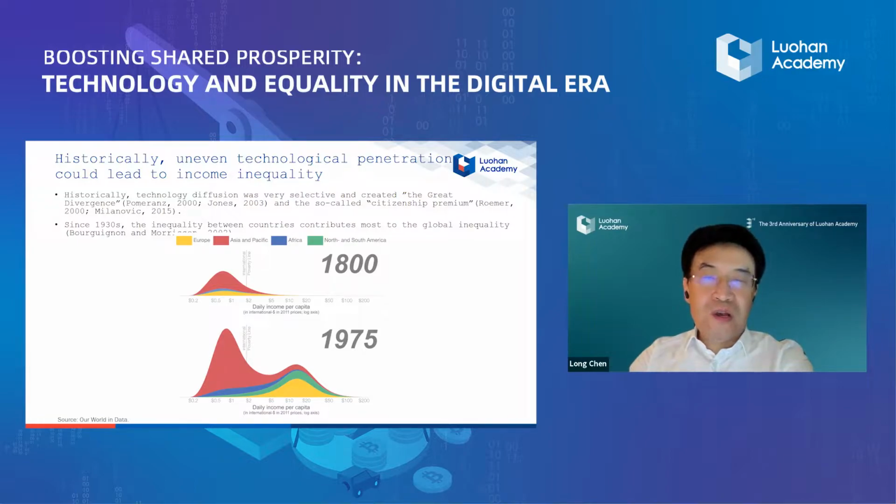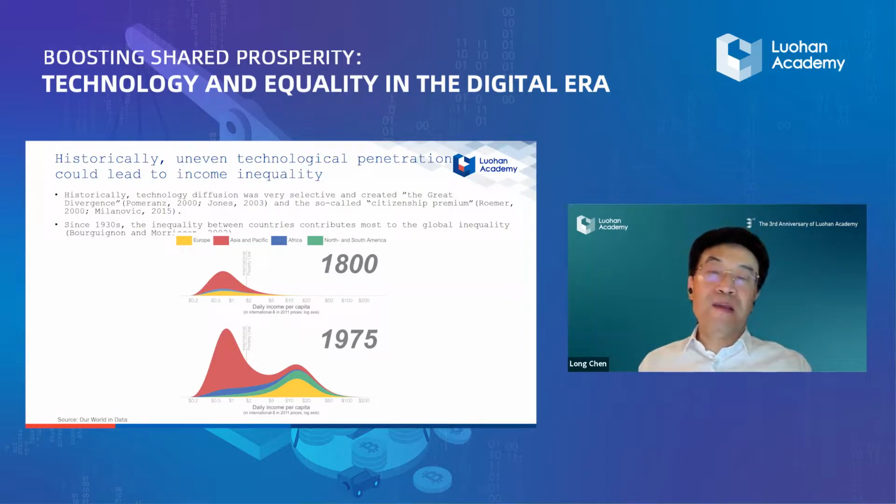Regardless of different countries with different populations, in 1800 you can see the income is somehow even. But then in 1975, many countries have moved to the right. Oh, the vertical axis actually is the poverty line. So back in 1800, a lot of people lived beneath the poverty line.